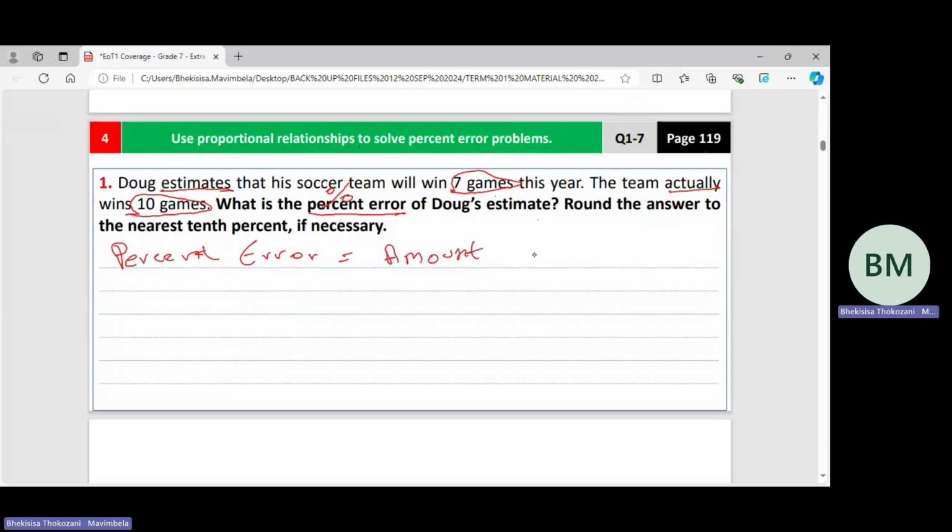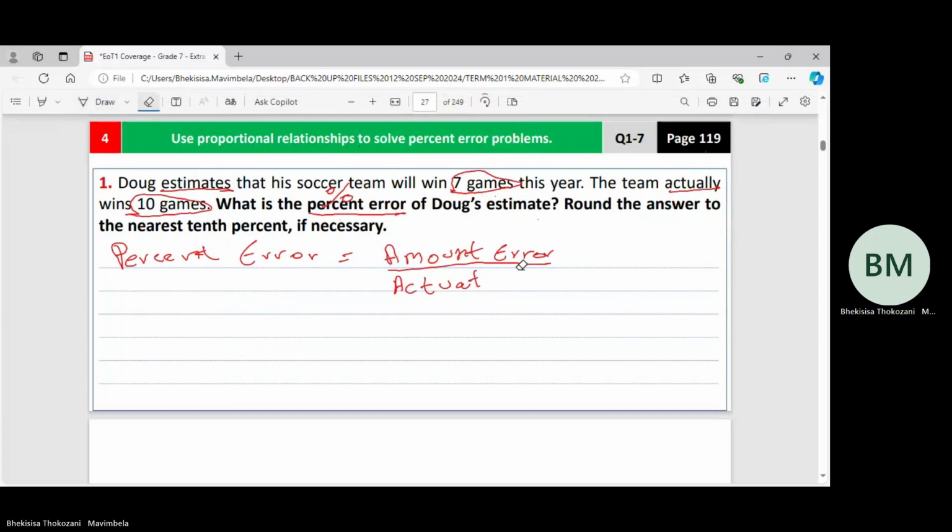We're going to talk about how to find all these things. Amount error all over actual amount. So this is your formula, and you multiply everything by 100 because we want to find the percentage.